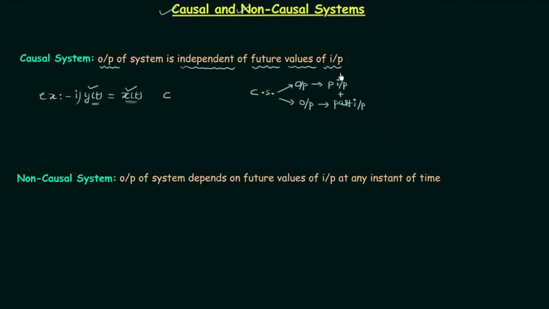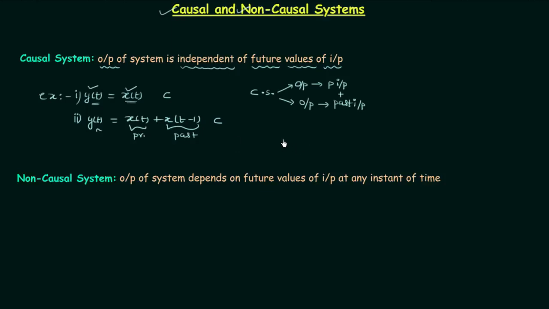The future values of input should not be there. Let's see one more example to understand this. In this, y(t) is equal to x(t) plus x(t minus 1). So this one here is the present value of input. This one here is the past value of input. So output y(t) is only dependent on the present and past values of input. Therefore, this time also the system is causal in nature.